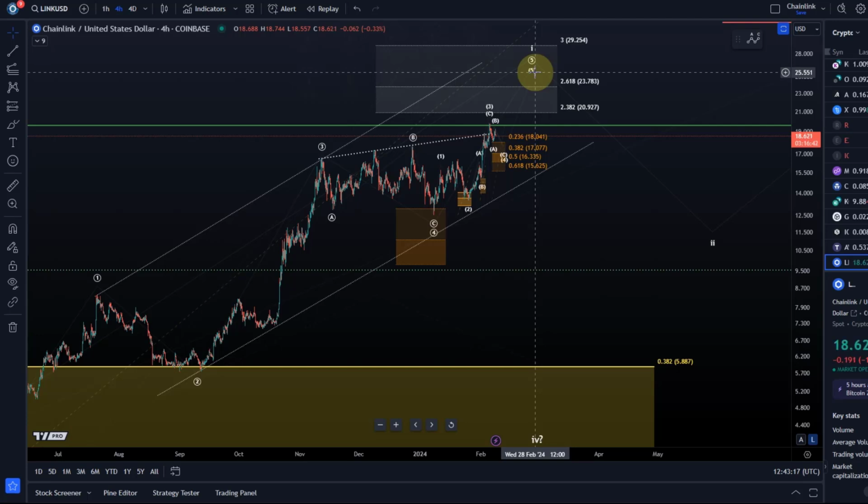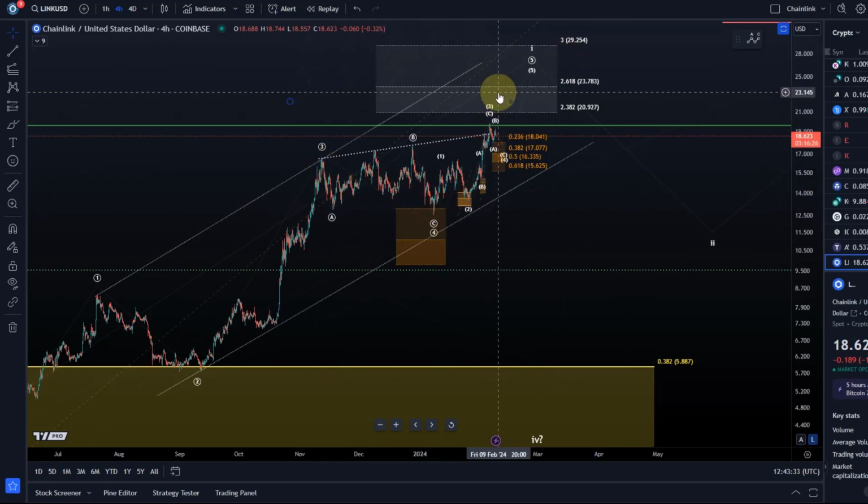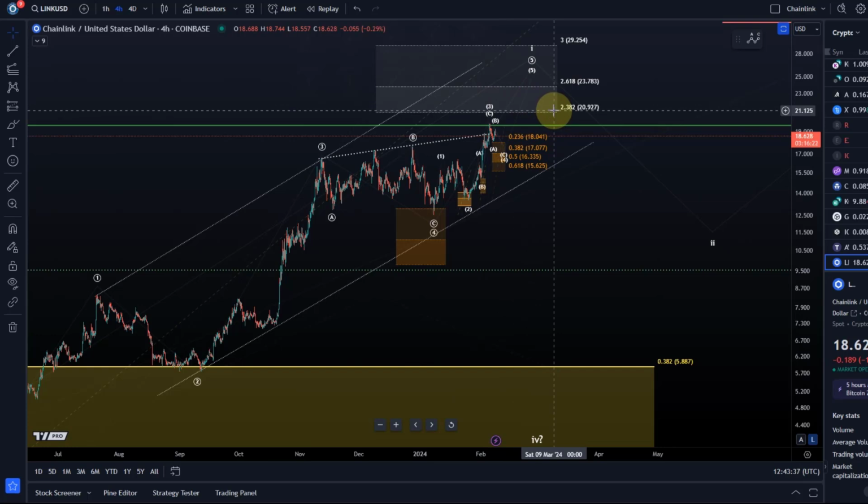Other than the micro count, which I've shown you anyway, it doesn't change anything. They're both 5-wave structures, and just the subdivisions are a bit different, but because waves 1 and 3 are already done, it really just affects wave 5. And my target of 21 plus is my target regardless of whether it's an impulse or a diagonal.